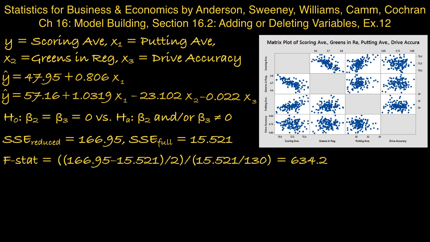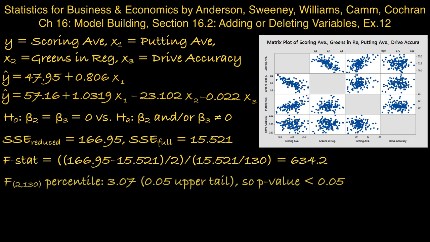If we put those numbers together into the F statistic formula, along with the appropriate degrees of freedom, we get a value for the F statistic of 634.2. To find out if that allows us to reject the null hypothesis, we can find the critical value for the F statistic.